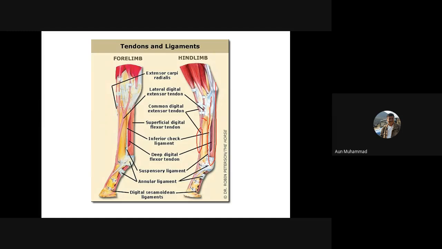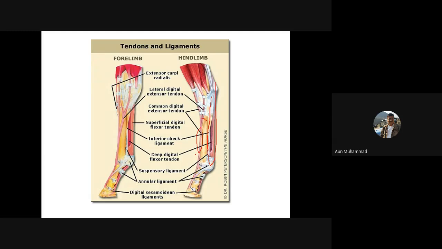These are the ligaments responsible for giving support, external support or suspension, to these muscles and tendons. Behind this is a very small ligament called the annular ligament. This is also a very supportive structure which can hold the tendons and muscles in position.